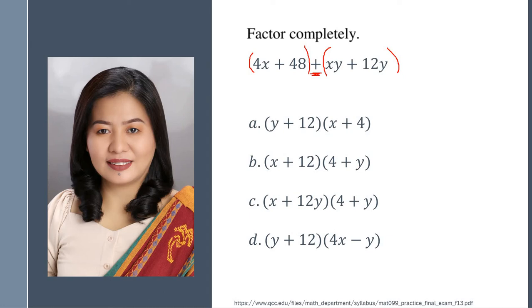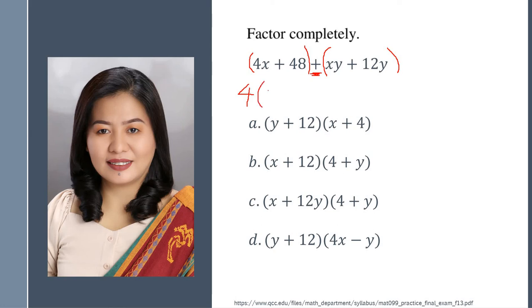So just like what I said earlier, you have to start asking, within the grouping that you created, is there something common? So is there something common between 4x and 48? The answer is yes. There is something common between 4 and 48, and that is 4. 4 is common, so you take that out.